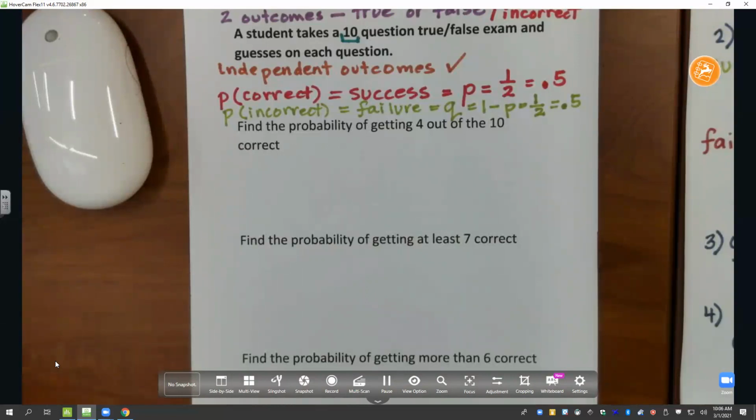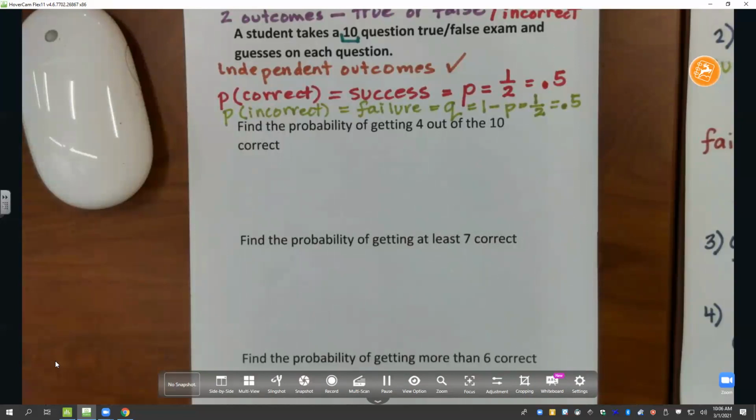And you notice if you look at the other examples here, the first one says getting 4 out of the 10 correct. Then the second question says getting at least 7 correct. And the third one says getting more than 6 correct.